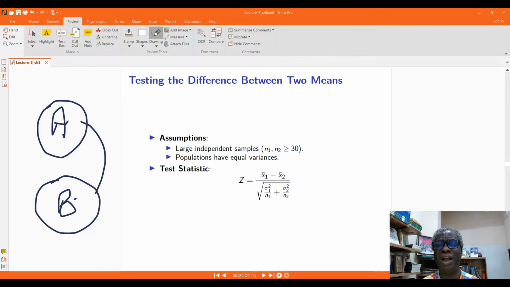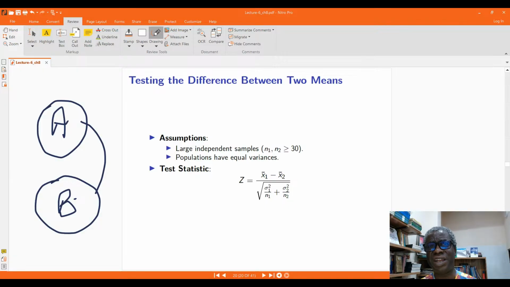Sometimes we want to compare whether the two populations are the same or not in terms of certain characteristics, maybe a measurable quantity. So if we have class A and class B, we may want to say whether the average performance in the two classes is the same or not.